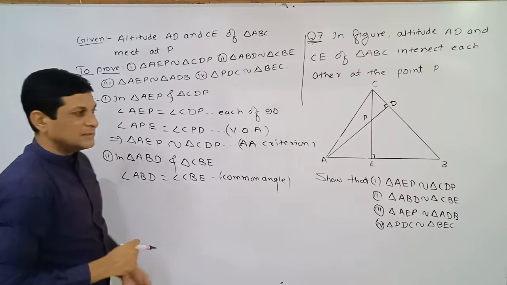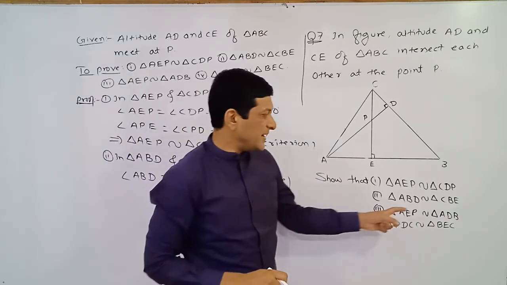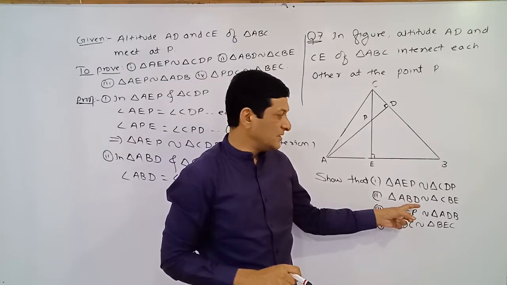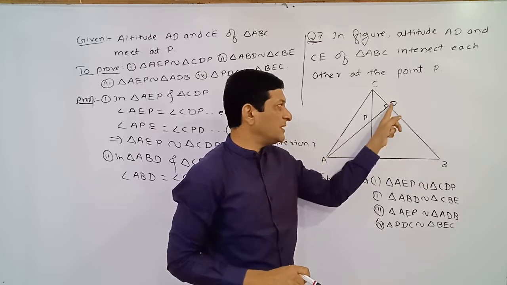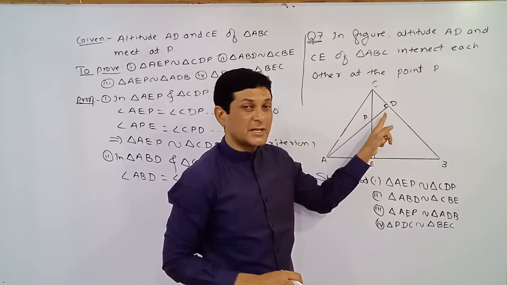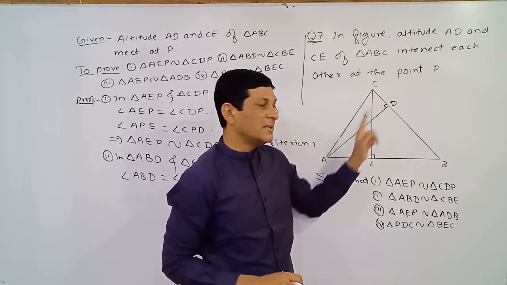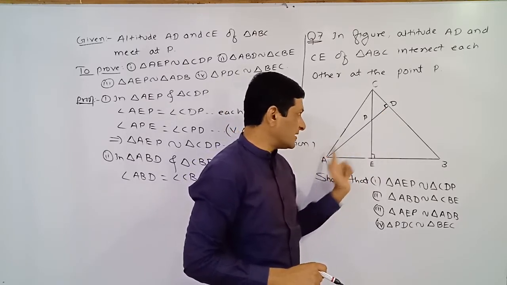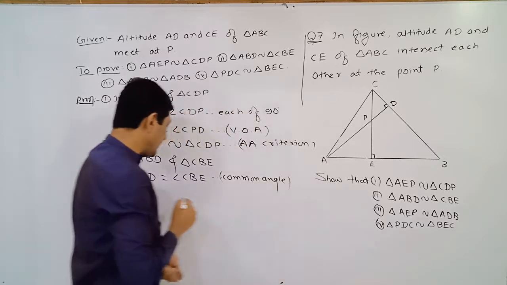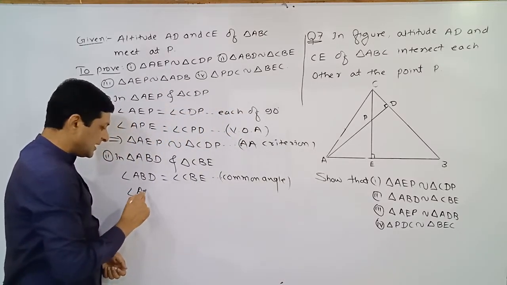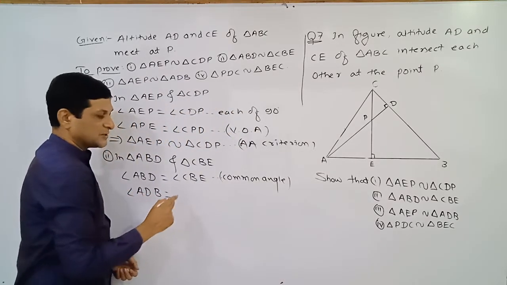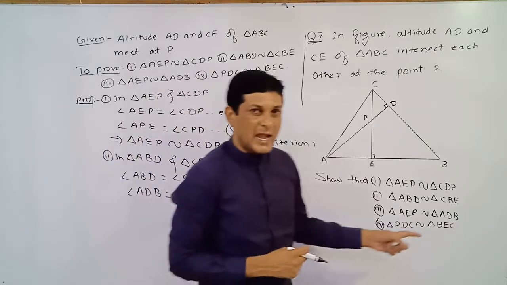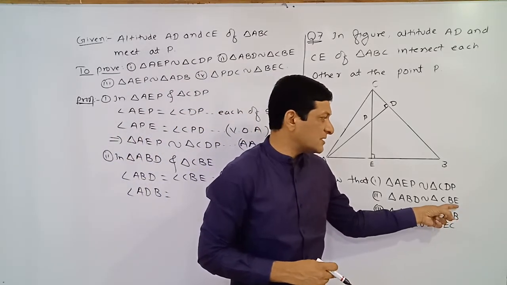Again, now we are finding the angle of 90 degrees. In this triangle ABD, this angle D is 90 degrees. But at vertex D, two angles are there. That's why, instead of writing angle D, we have to write angle ADB. So angle ADB is equal to, check which is the angle of 90 degrees in triangle CBE.